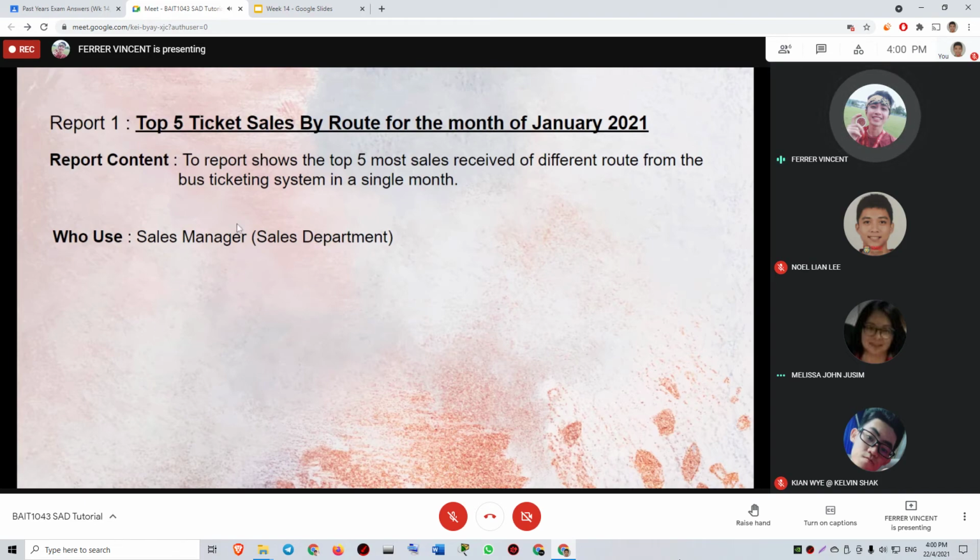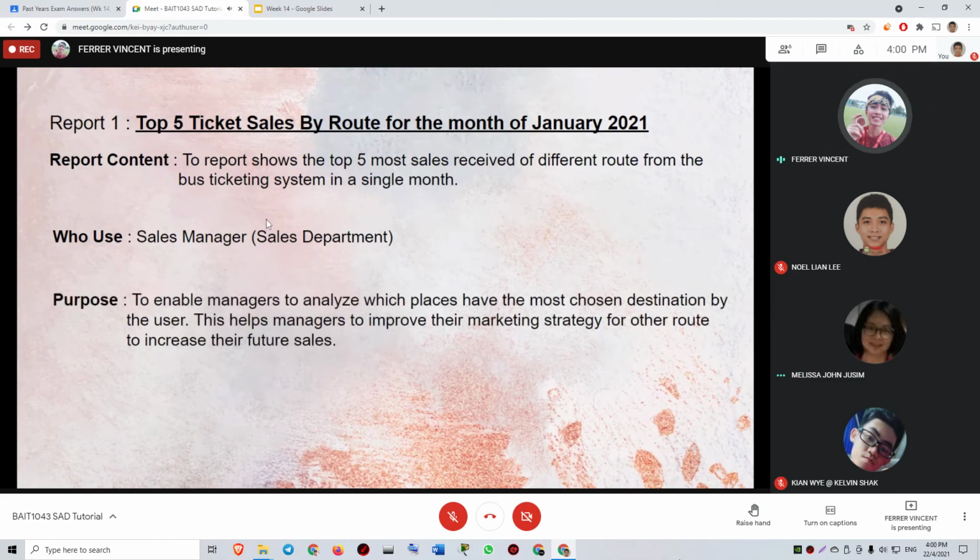Who will be using this report? It's for the sales managers or sales department. The purpose is to enable managers to analyze which places are the most chosen destination by the user. This helps managers improve their marketing strategy for other routes to increase future sales.